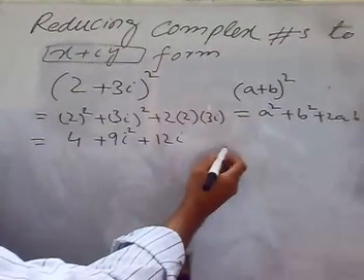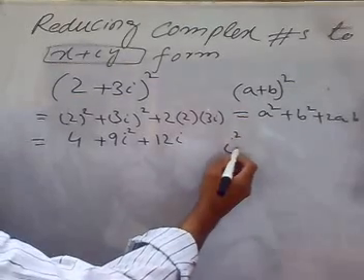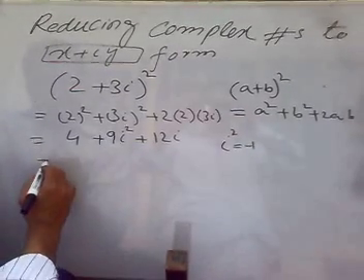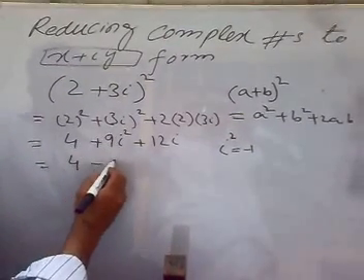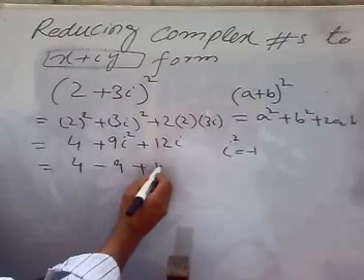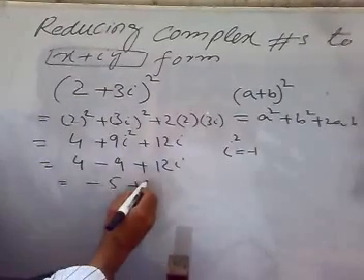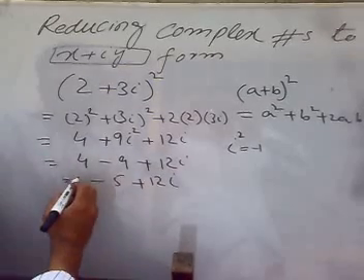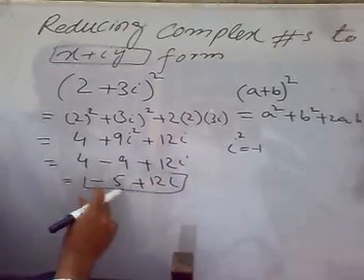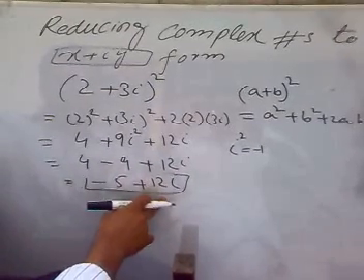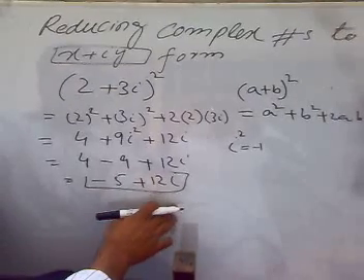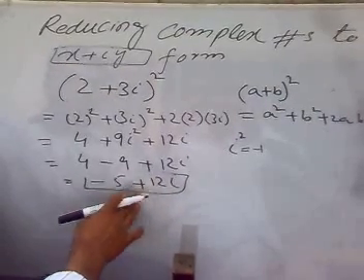Here we know the value of iota square is minus 1. So it will be 4 minus 9 plus 12 iota, which is minus 5 plus 12 iota. Now this number is of the form x plus iota y. It does not contain any exponent or anything like that. So this is our required result.